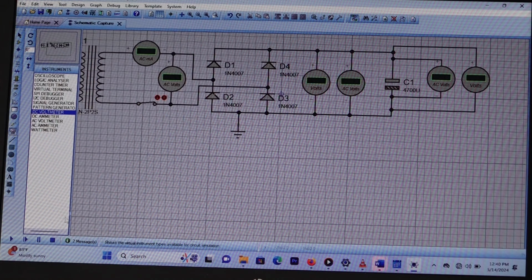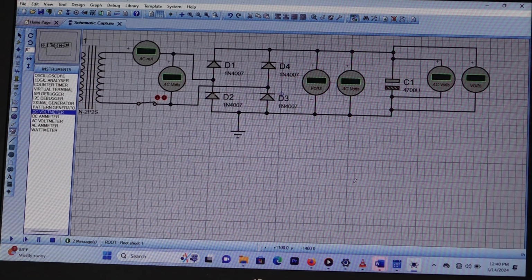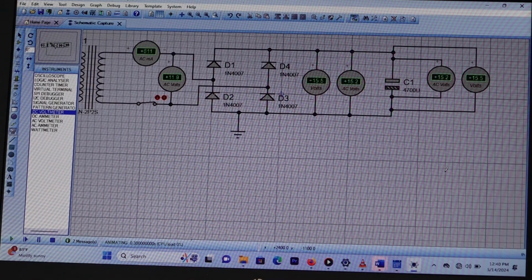Let us measure what we get in the output. Run the simulation. Do you see again? What do you see? The input DC voltage to the filter is equal to the output DC voltage of the filter. The input AC to the filter is equal to the output AC of the filter.